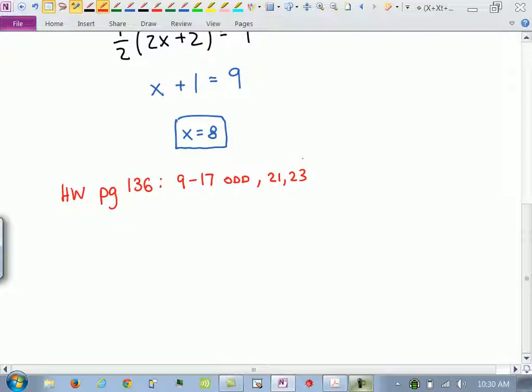Yeah, that's good. Now what I want you to do for classwork today is same page, 10 through 18 even, and then 22.